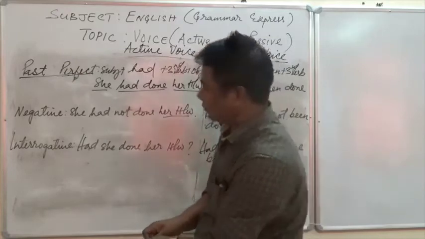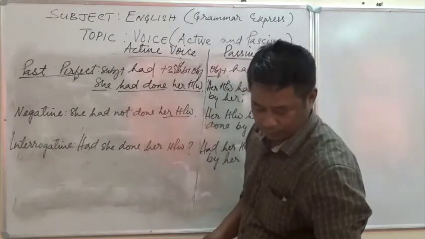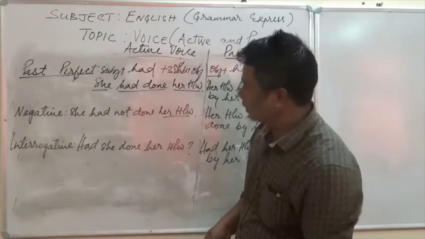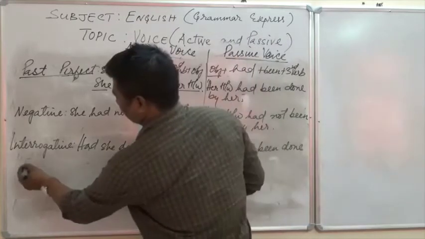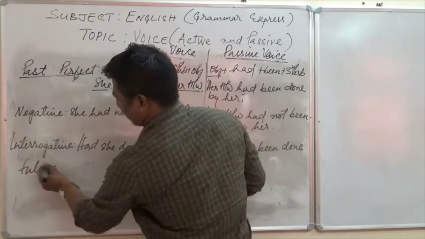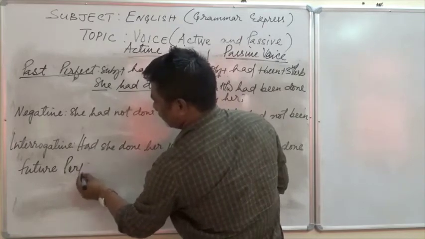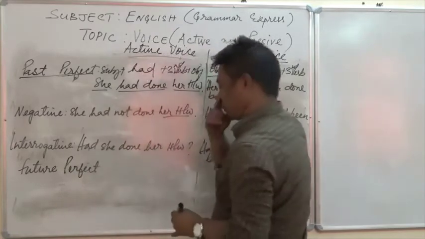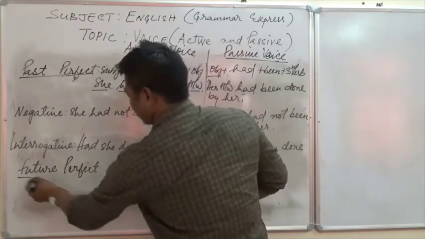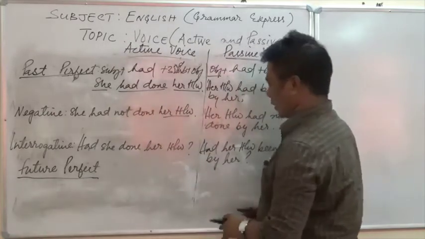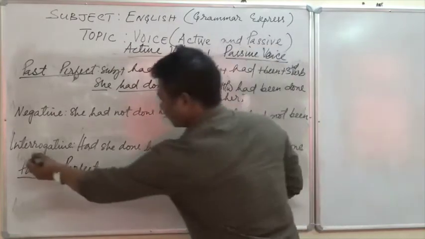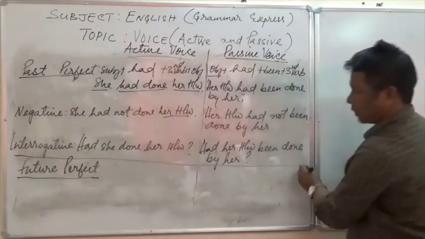We have the last one, future perfect, out of 8. Future perfect. What is simple future? Simple future, also future perfect tense.